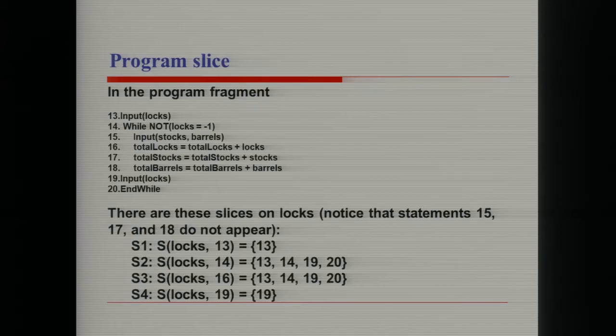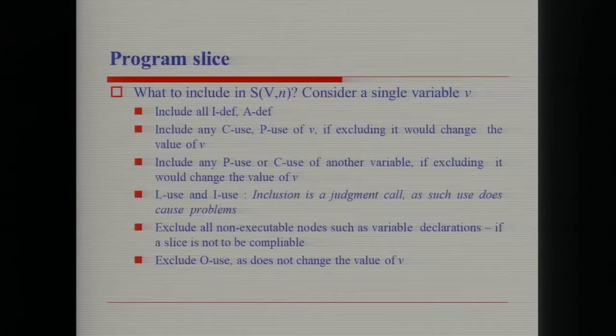Why not 16, since log is used in 16? As I was telling you in the previous condition, there is the number 2: include any CUs and PUs in B if excluding it would change the values of the variable. Only if excluding that variable or statement actually leads to a change of the values do we need to include it.